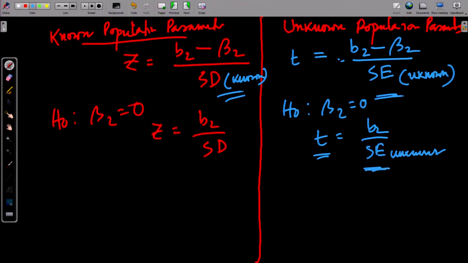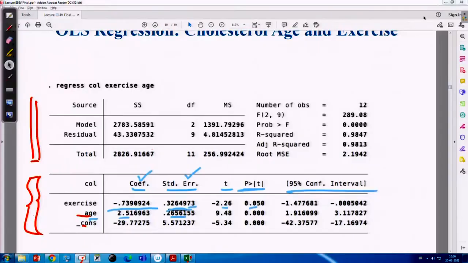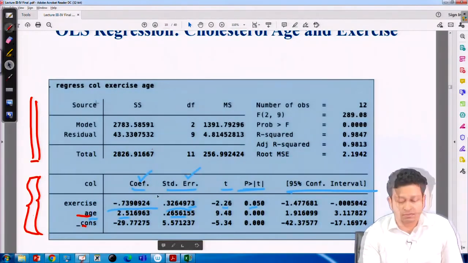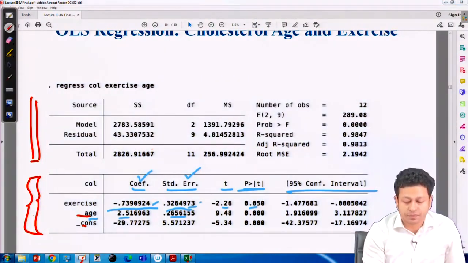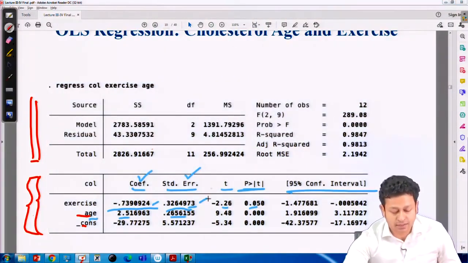So, if we go back there and actually do that, what we will see is the t statistic, which is the ratio of this coefficient and the standard error. So, the ratio of these two. Let us actually do that.